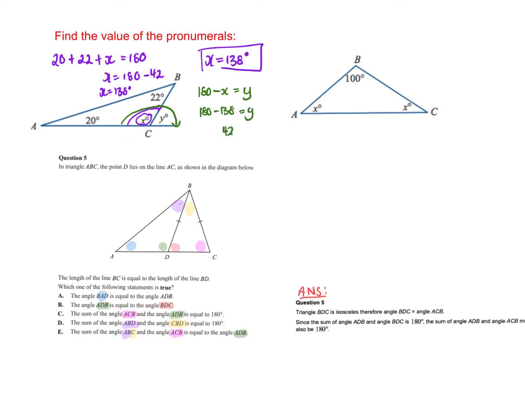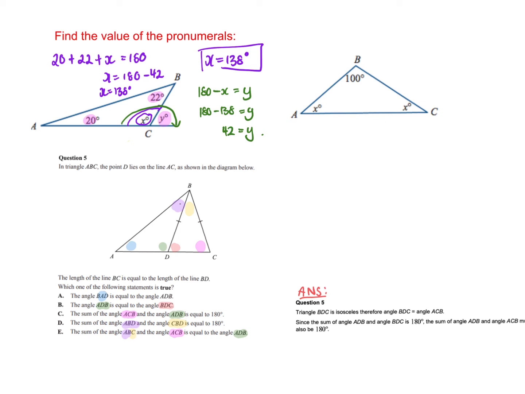So 42 equals y. Or someone else might see it from that other rule that we said, where this exterior angle equals these two added together. Okay, so as I said, there's always many ways to find answers in trigonometry.